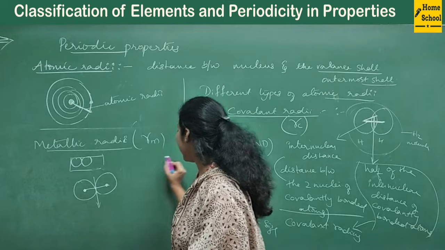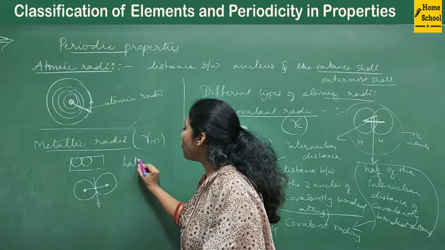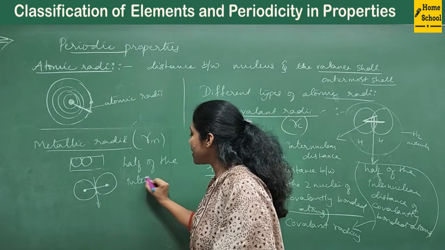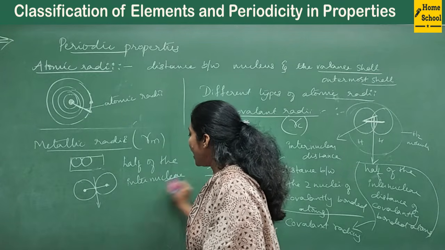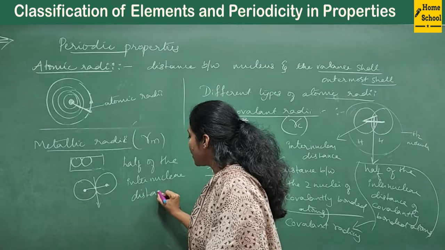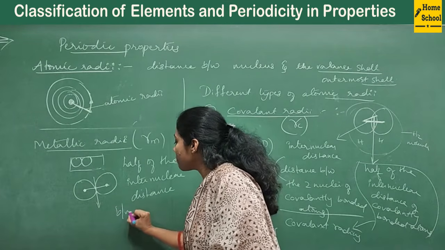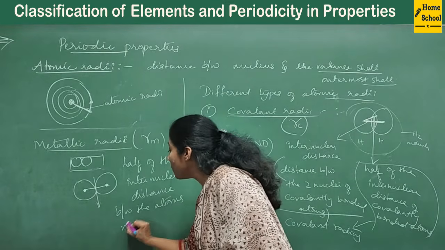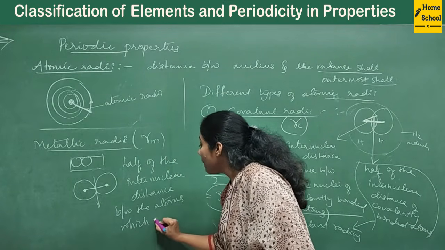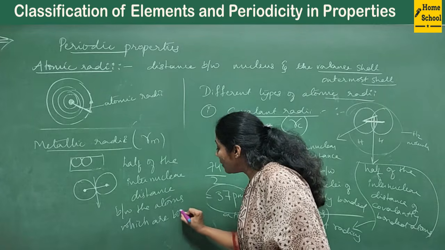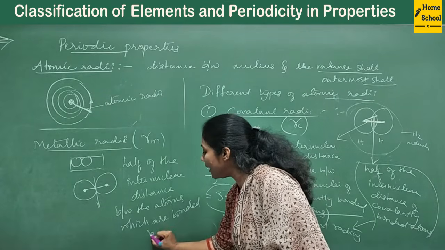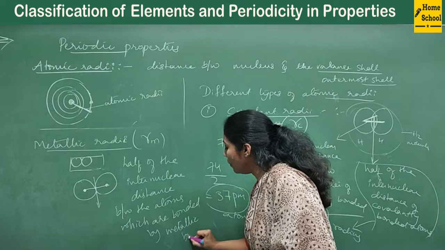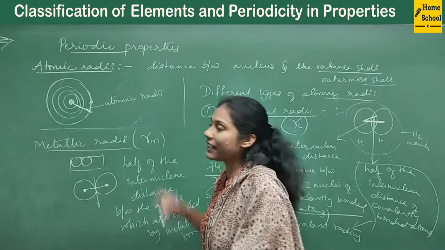Let me write it here. Half of the internuclear distance between the atoms which are bonded by metallic bond is called metallic radii.